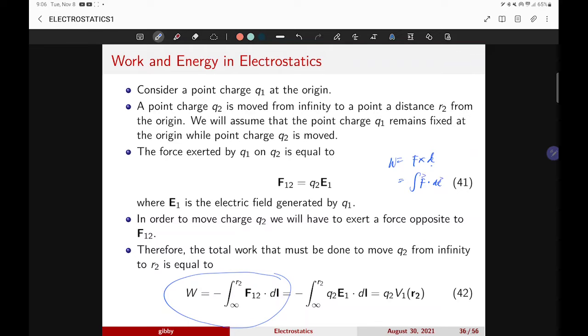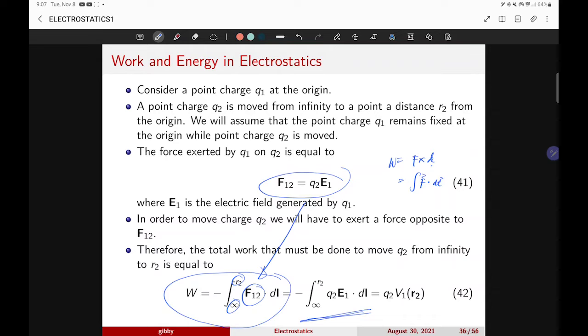So it becomes an integral, right, where the line integral is along the path of charge Q2, from infinity to distance R2, those are the limits. Then this is the force exerted by charge Q1 onto charge Q2, where F12 is given by this. So substitute it there, you get this.